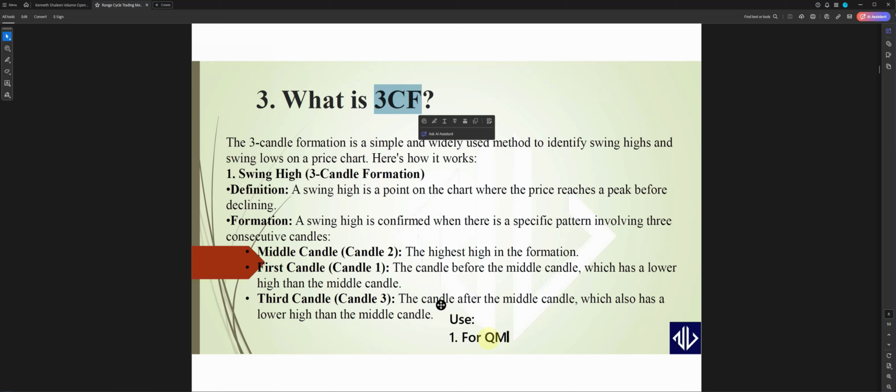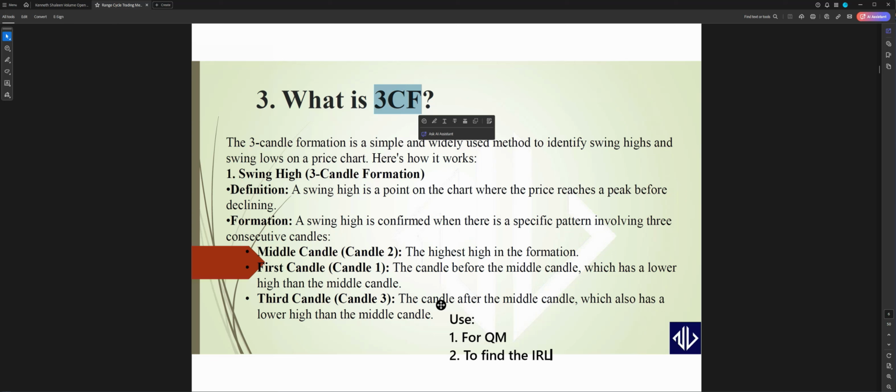So we use it to mark the ranges for the QM, and the second use is what? To find the internal range liquidity. So we need to find the swing points or pivot points or three candle formations to find the internal range liquidity, because we have to learn the range cycle.